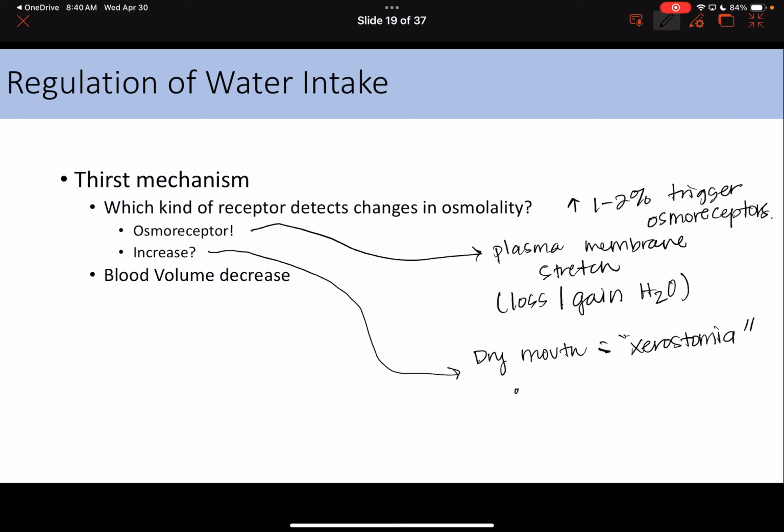And so we get xerostomia because our hypothalamus is reducing the work of our salivary glands. So salivary gland secretion is reduced. And again, this thirst mechanism comes from the hypothalamus.